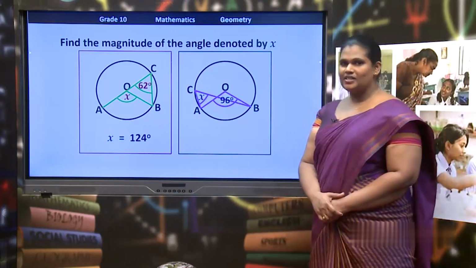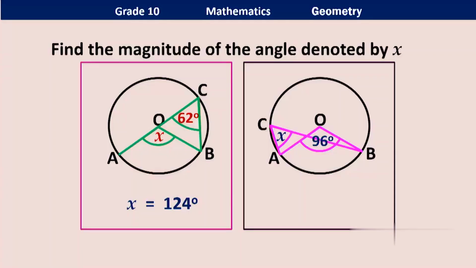Right. Here what can you see? Once again there's a circle with center O and once again there are 3 points on the circumference of the circle. Those are A, B and C. Here we can see angle AOB is the angle subtended by the minor arc AB at the center of the circle.